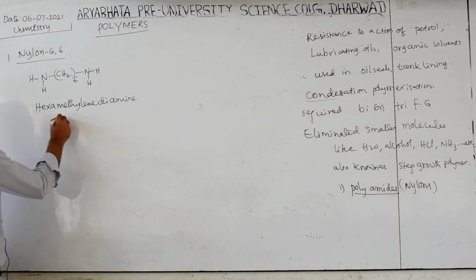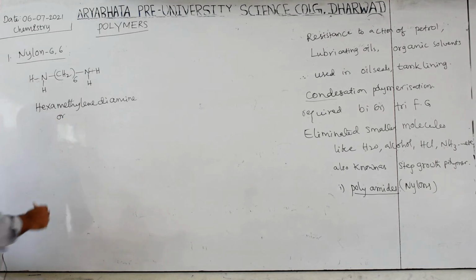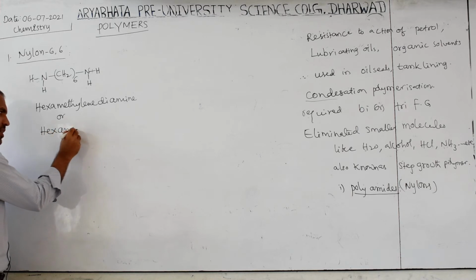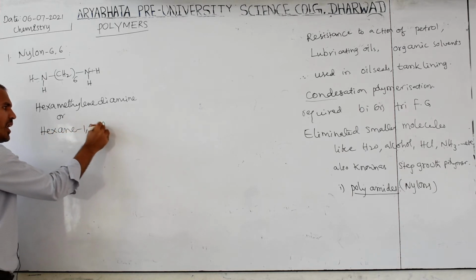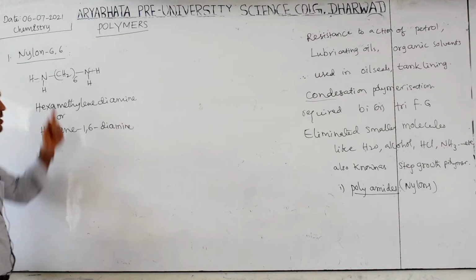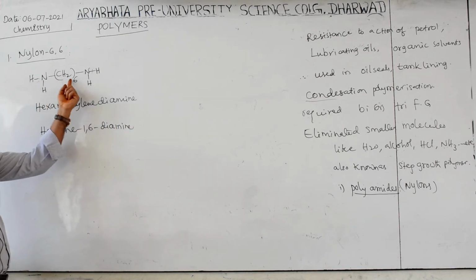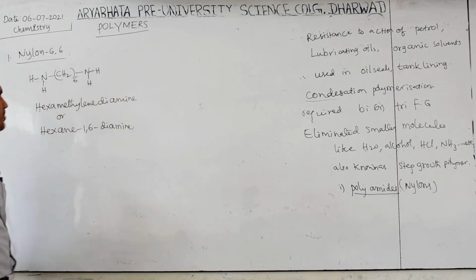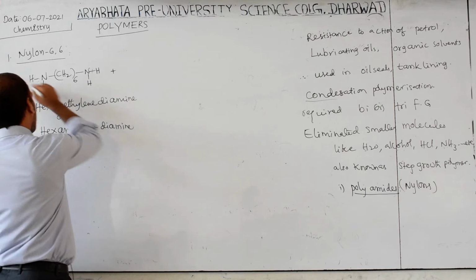So IUPAC name they may sometimes ask. Therefore, what you can write? Hexane, E is present, 1,6-diamine. How to write 1,6? Because first position 1 and the amine is present at the last one. Therefore, this is a straight chain.